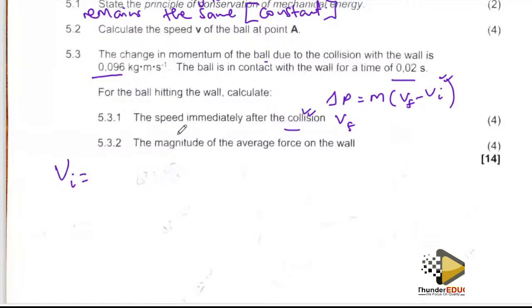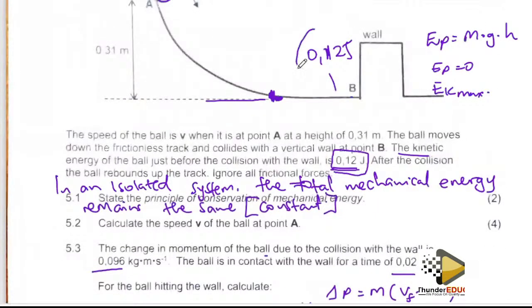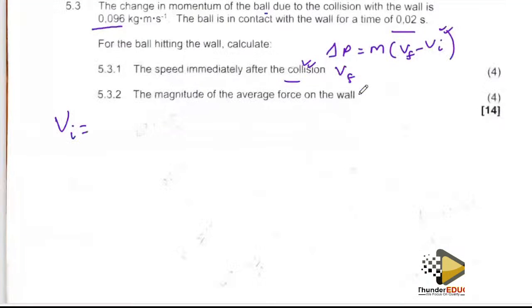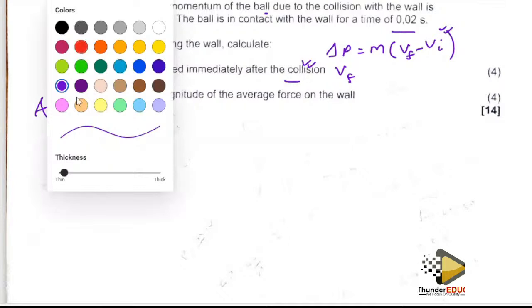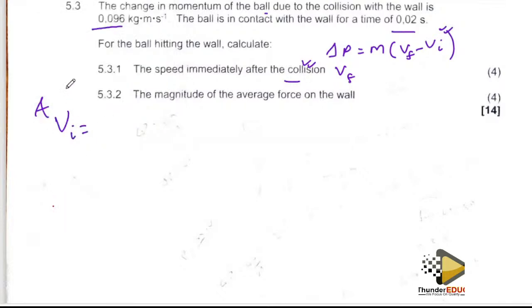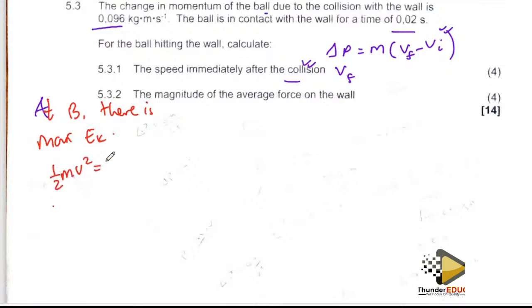Since at point B, it's just going to have the maximum EK. So we're saying at B, there is maximum EK, which is a half mv squared. That will be the same as our EK max. So a half times 0.03 v squared is equal to the 0.12 joules.